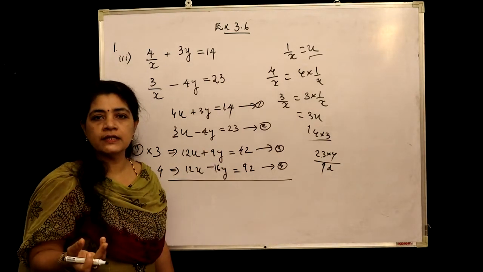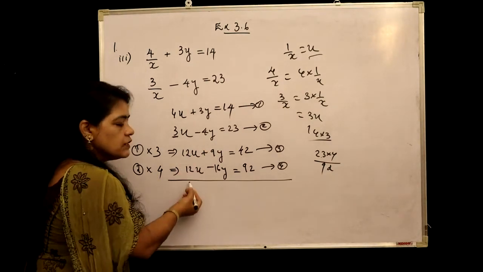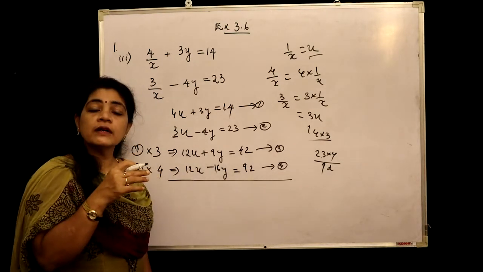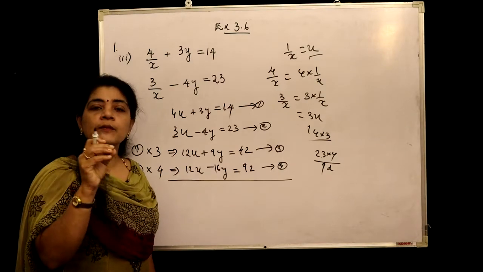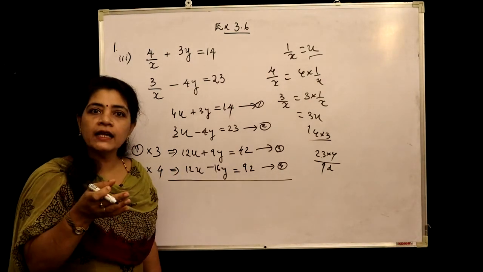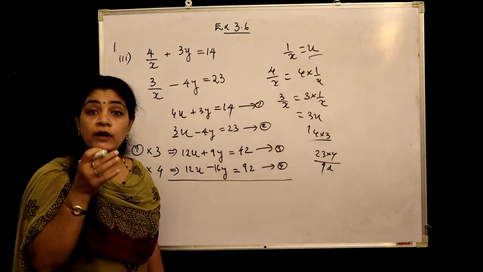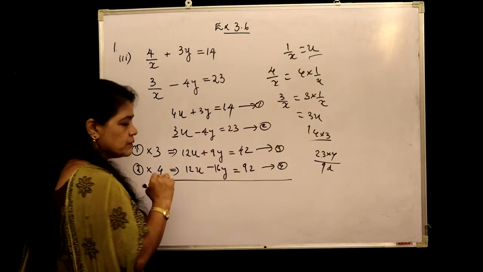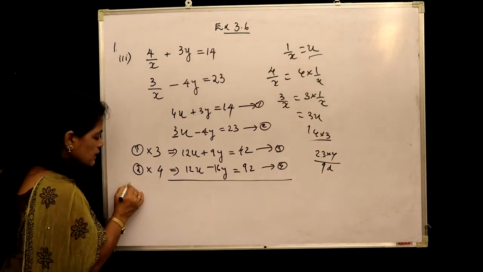How is this possible, children? Here both are positive signs. You have the same coefficient in both equations, but in order to eliminate, both are positive. 12u, here also 12u. If you are adding, you will get 24. So our aim is to eliminate one of the variables. For that, we have to subtract. That you have to write here.